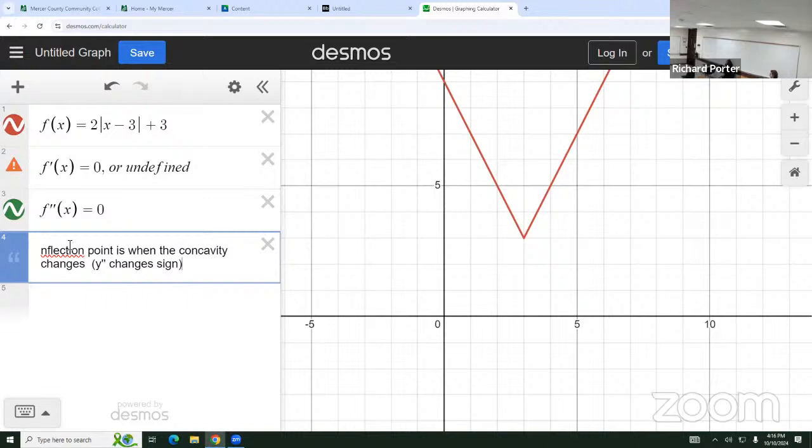So let me ask you about the concave. Remember the U and the N thing? Do you see a U or an N here? No. So since you don't see a U or an N, the second derivative would be 0 everywhere here.